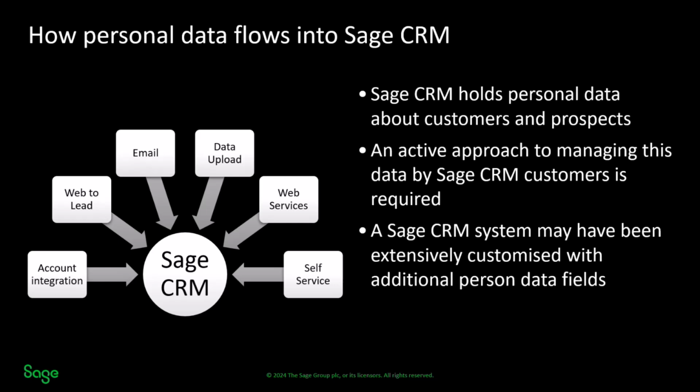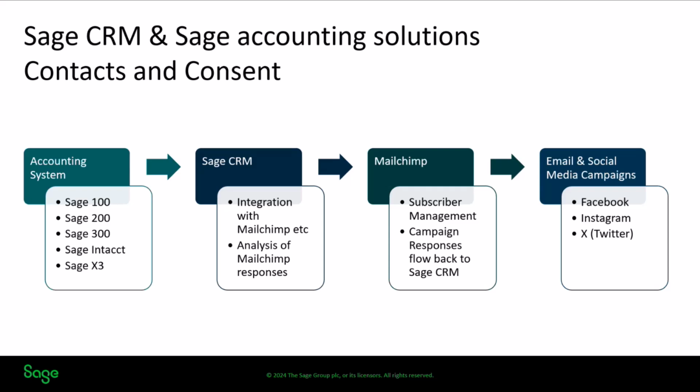We have to be able to have an active approach to managing all of that data, and to be able to think about how Sage CRM can be customized, because we can have extensive changes to a CRM system because of its configuration.